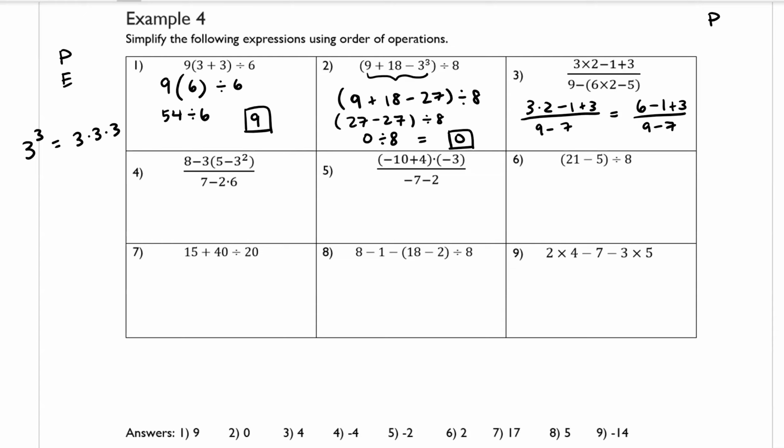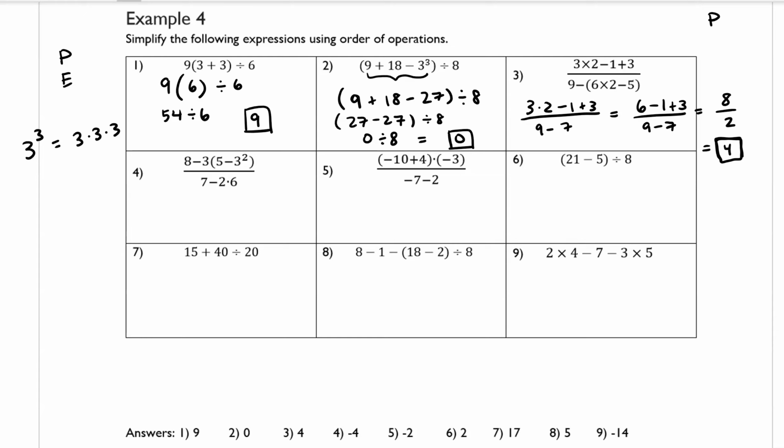And addition and subtraction rank equally, so I can do all the addition and subtraction in the top. So 6 minus 1 is 5, and then 5 plus 3 is 8, and then 9 minus 7 is 2. So we have 8 divided by 2, which gives us a final answer of 4.